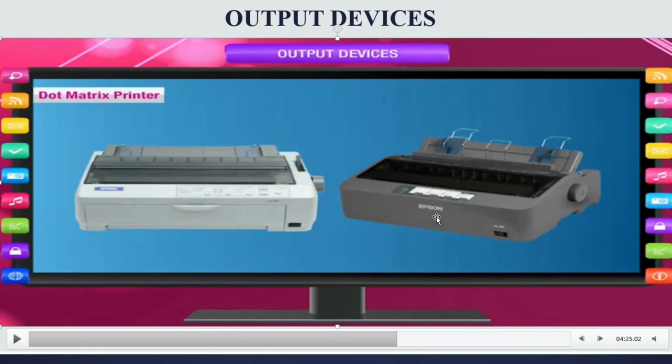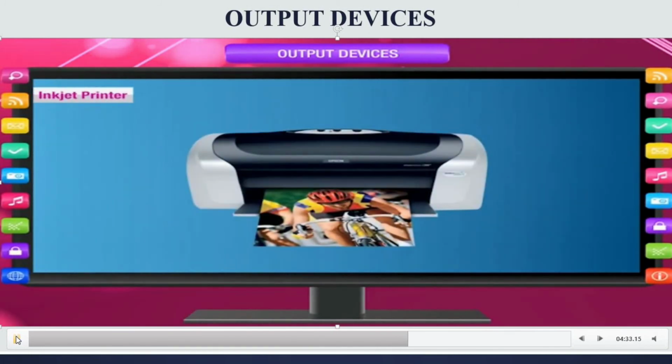The ink is struck by the pin and by this we print on the paper. These printers are very slow and the quality of output is not good. Now see the second.